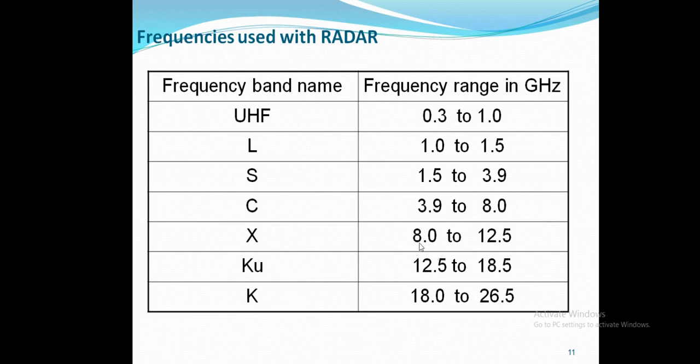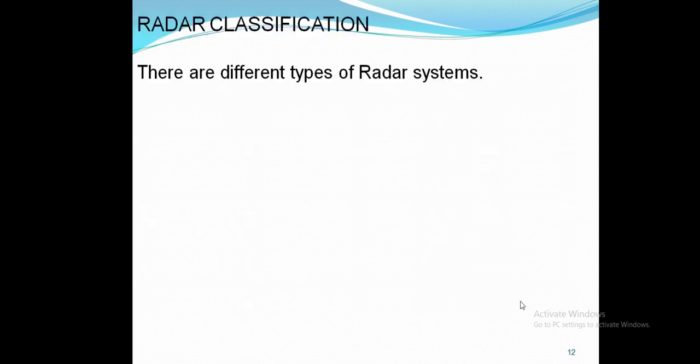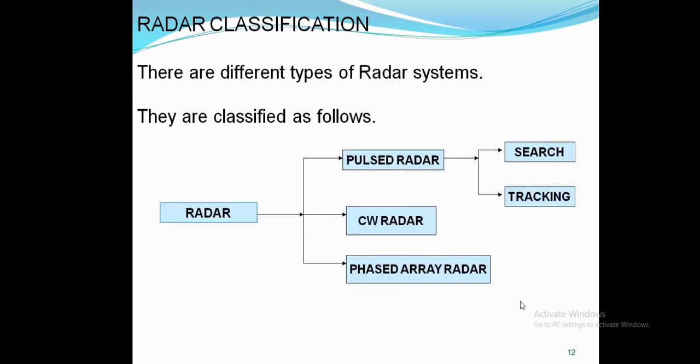X band 8.0 to 12.5 gigahertz. For Ku band, 12.5 to 18.5 gigahertz. For K band, 18.5 to 26.5 gigahertz.